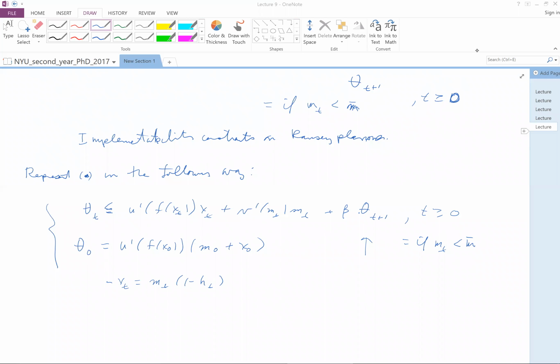And actually, I might as well erase these theta 0 subscripts and replace them with t subscripts because those are also true. This is true for all t greater than or equal to 0.